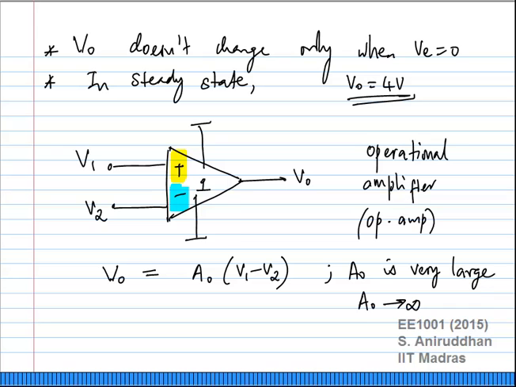VE is V1 minus V2, or V plus minus V minus, and V0 is A0 times V plus minus V minus. So the op amp takes the difference between the voltage inputs to the positive terminal and the negative terminal and multiplies it by a very large quantity.